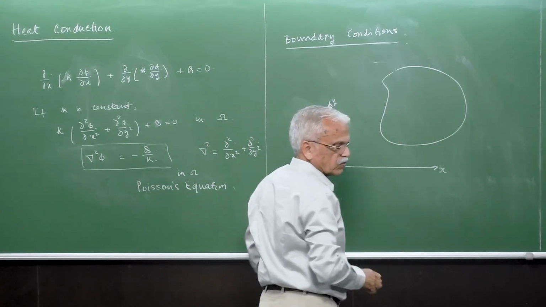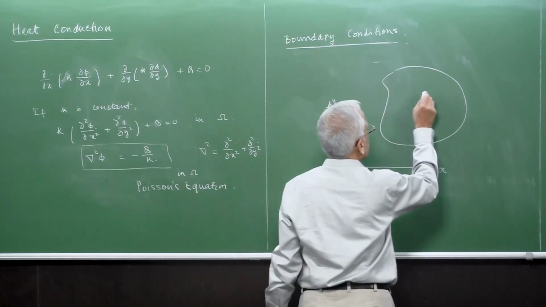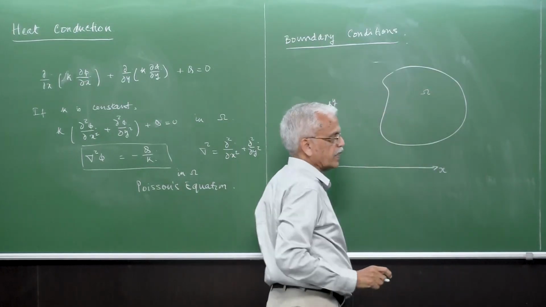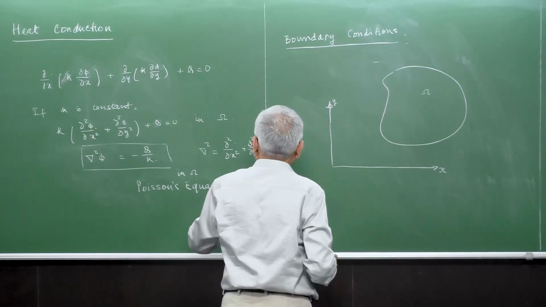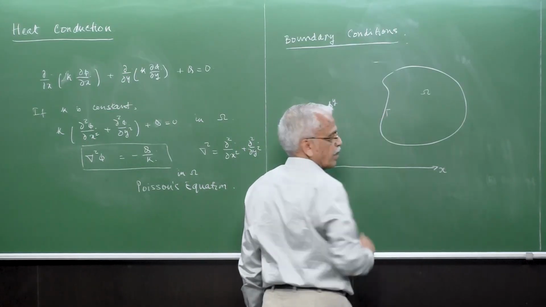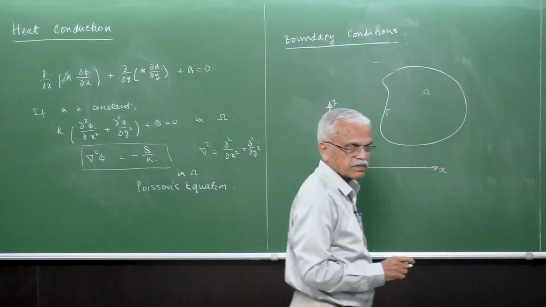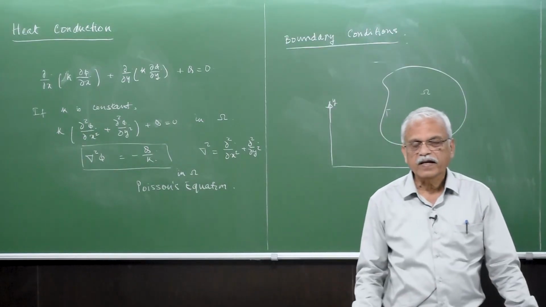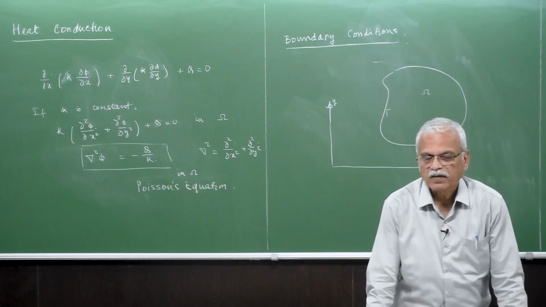All right, so here we have the governing equation in the domain omega, and then we have the boundary, which we call gamma. And there are different types of boundary conditions that are possible here.